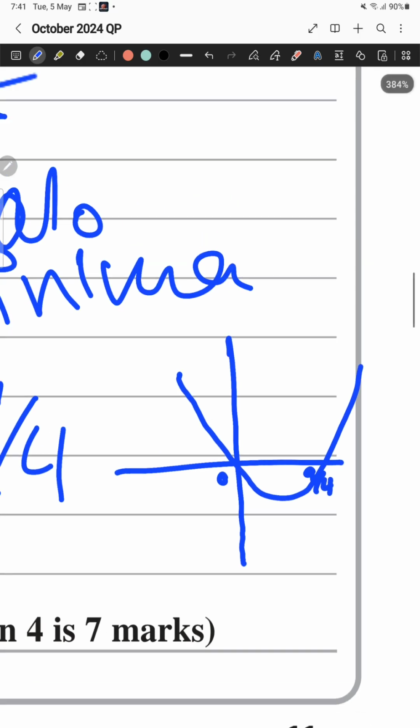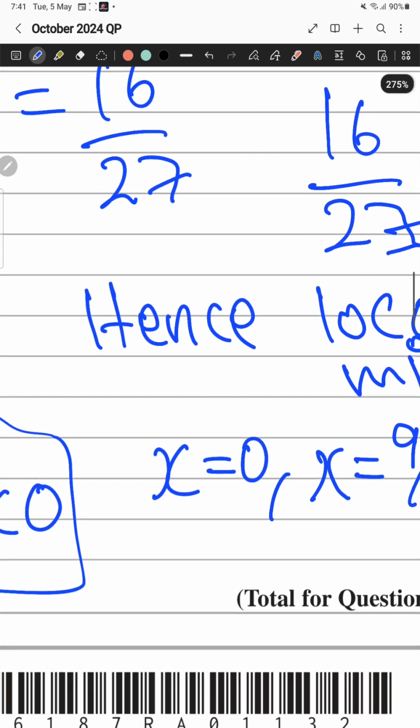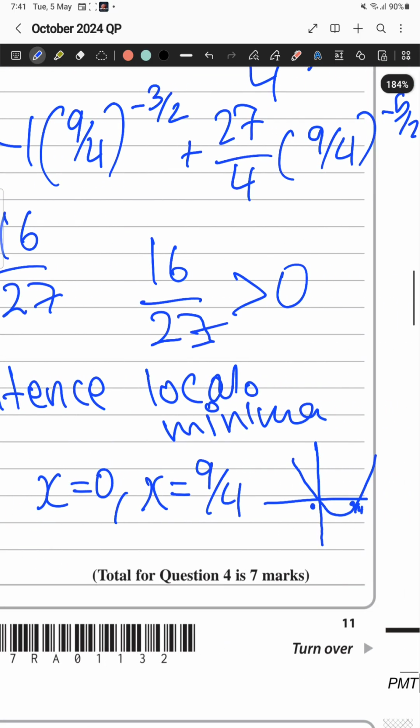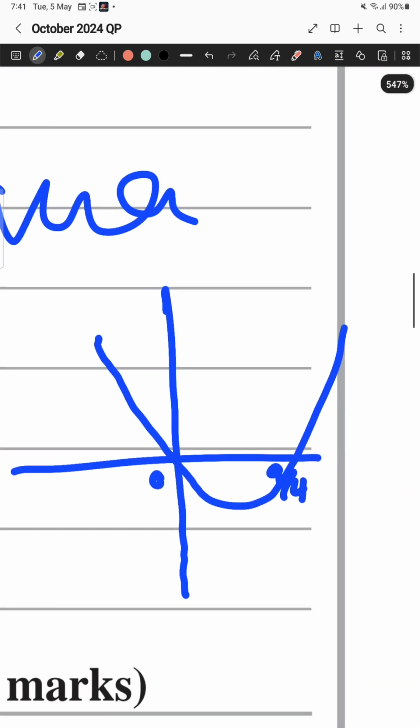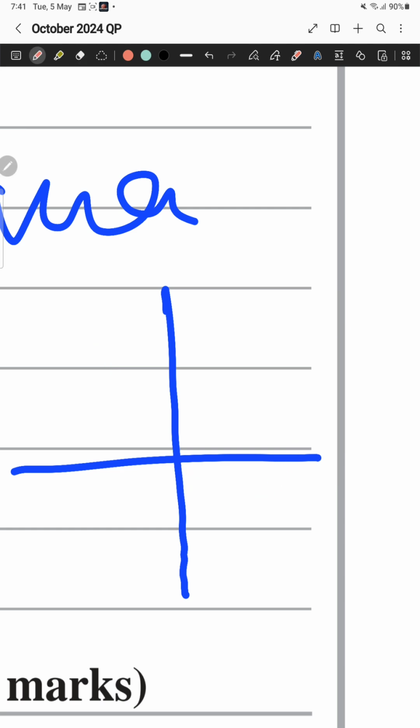Now if it is decreasing, it is going to be less than 0. Let me mark it very clearly with a different color pen. And 9 over 4, and when I draw, the graph looks something like this. Since it is less than 0, we are going to be below the line. Less than 0 means below the line.